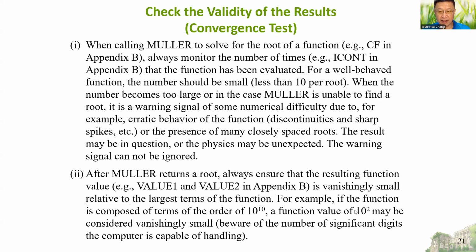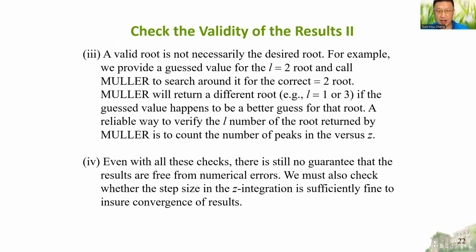For example, if the function is composed of terms of the order 10 to the power of 10, a function value of 10 squared may be considered vanishingly small. Okay, check the convergence. A valid root is not necessarily the desired root.